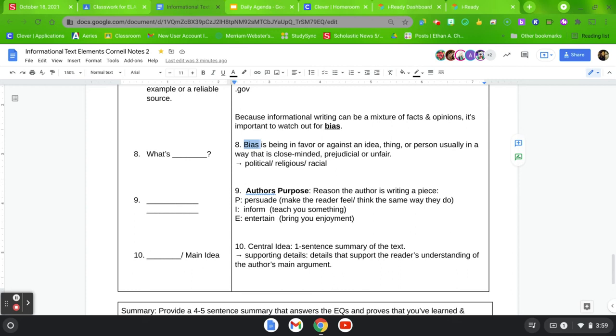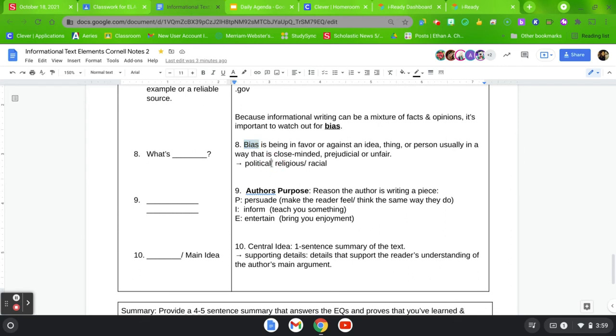So I have a closed-minded or unfair opinion of what it would be like to own a cat because I've never owned one. Bias is being in favor or against an idea, thing, or person, usually in a way that's closed-minded, prejudicial, meaning we're judging something before we really know it, or it's just unfair.